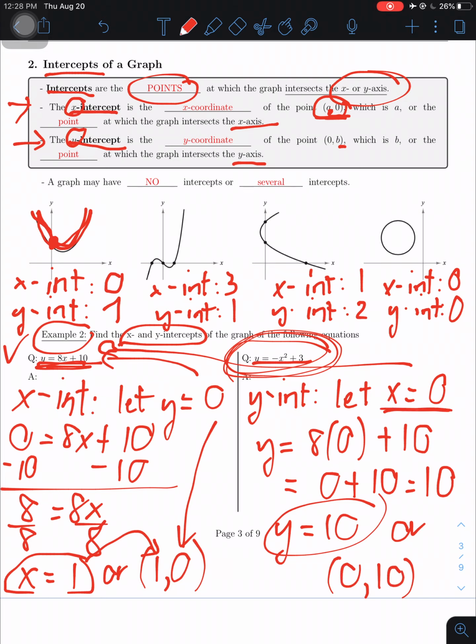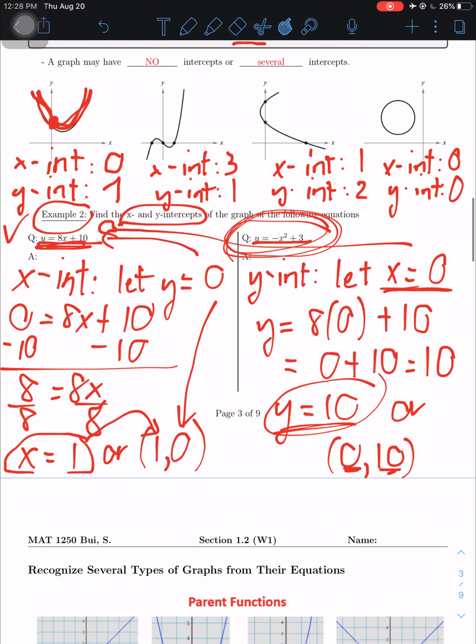Because we have x equal to 0, the 0 right here, and then y equal to 10, the 10 right here. Okay? In the test, if you can, please give me 2 answers, both as a coordinate and as a point. I would appreciate it more as a point, but if you're not sure which one you should turn in for the final answer with full credits, please give me 2 answers.